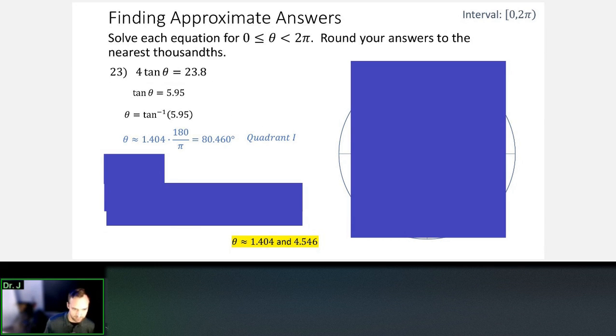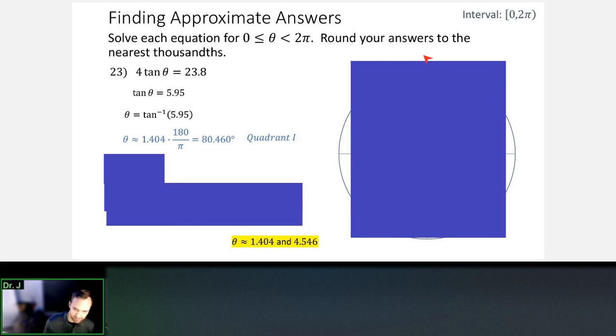1.404. So that is the first one, and we only convert it to degrees just to see which quadrant it's in. But really, you might want to label your unit circle at the top of each major angle, at 90 degrees, at 180, and then 270, with the radians. So 90 degrees at the very top is pi over 2.